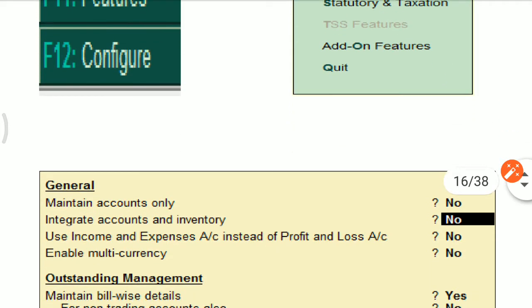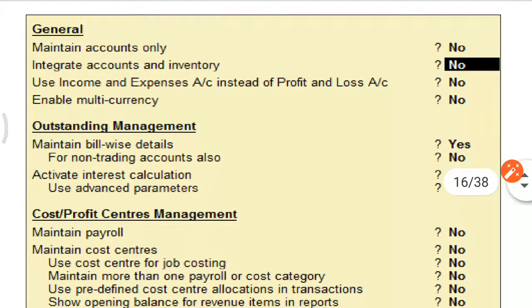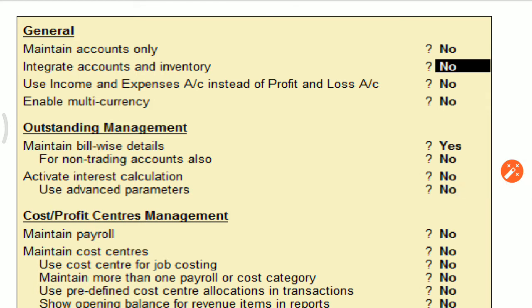When I press F11, this screen appears. The first option is maintain accounts only, meaning you want only accounts, you don't want inventory information. Here I have inserted no. When you insert no, all the inventory options will disappear from your screen.